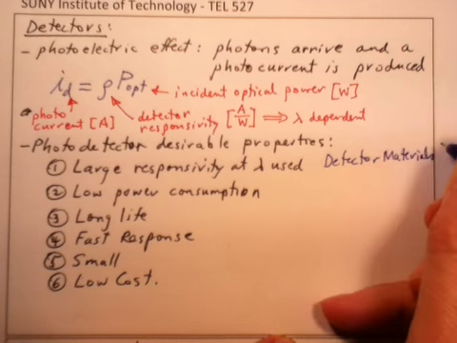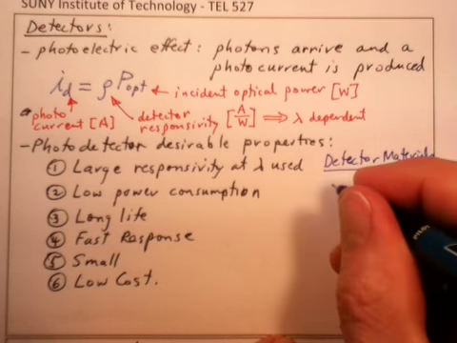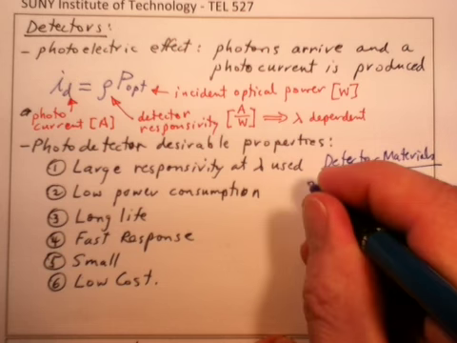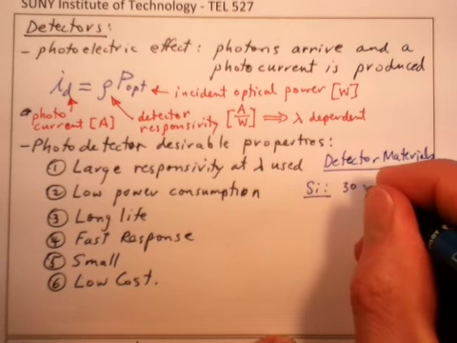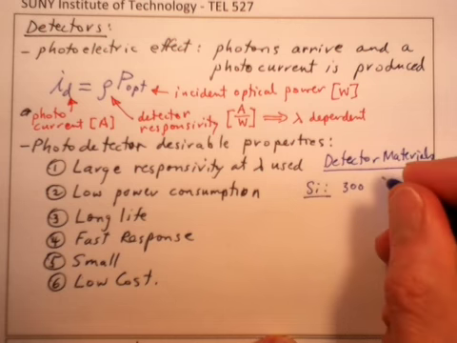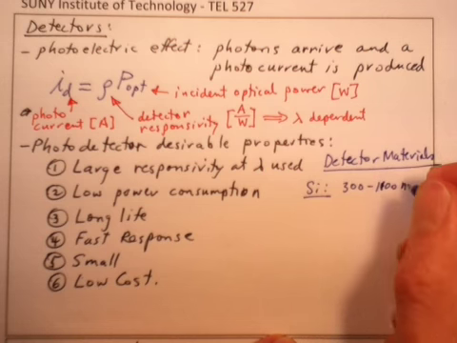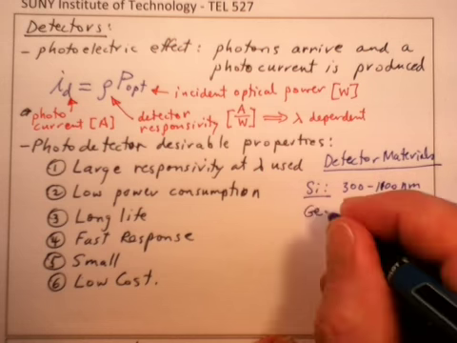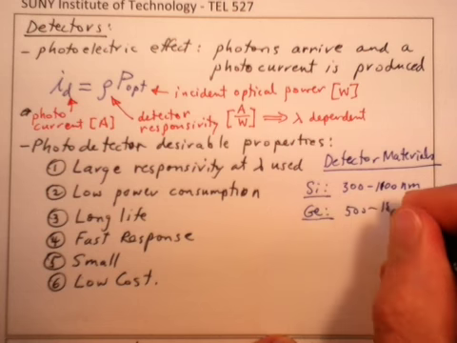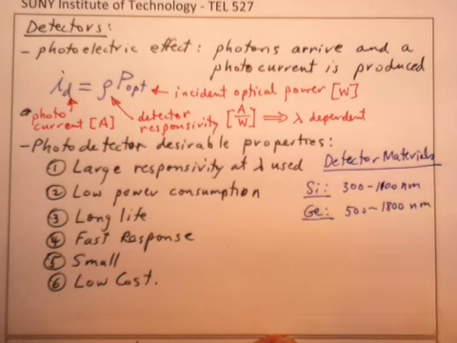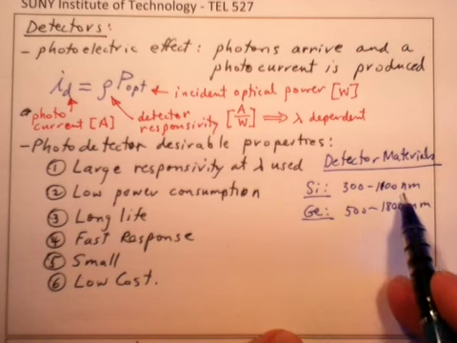This photoelectric effect is materials dependent, and we have silicon, very cheap, and it's good over the range from 300 to 1100 nanometers. We have germanium, which is good from 500 to 1800 nanometers. So silicon doesn't get us all the way up to the 1300 or the 1550 windows.